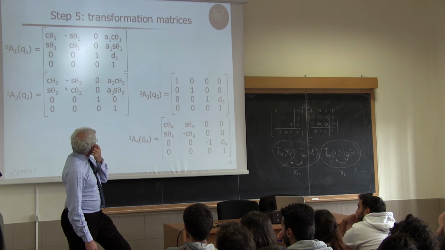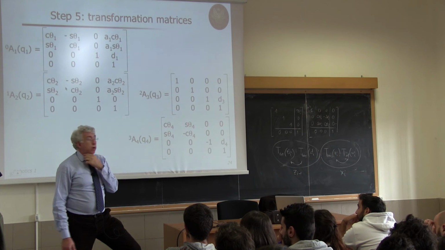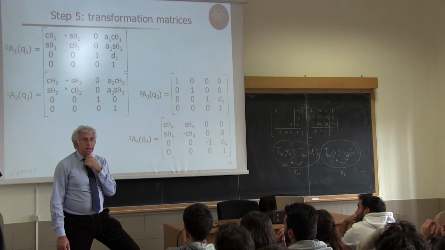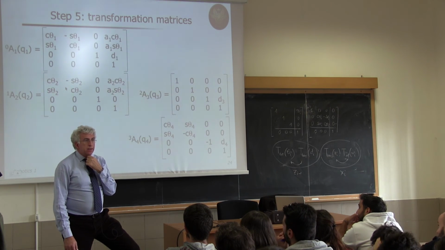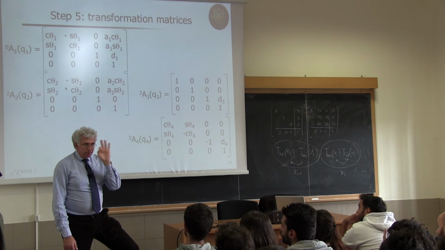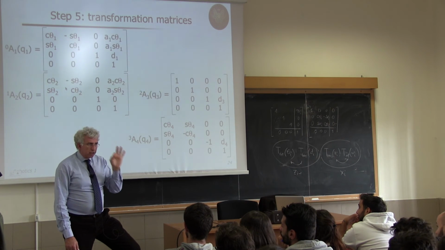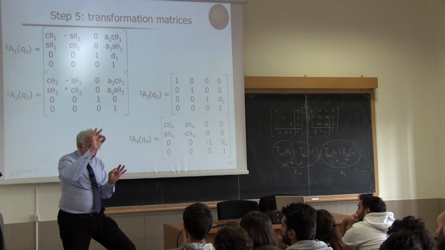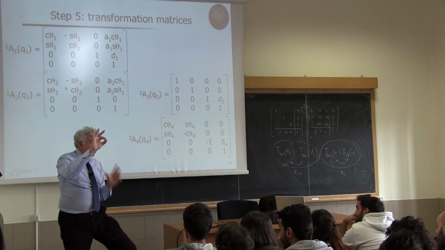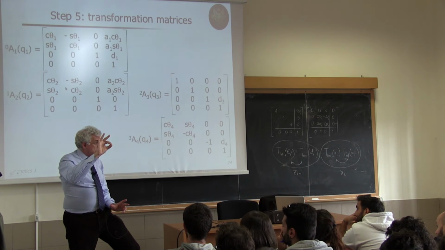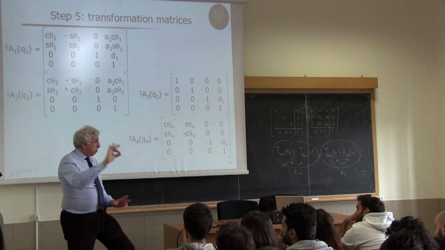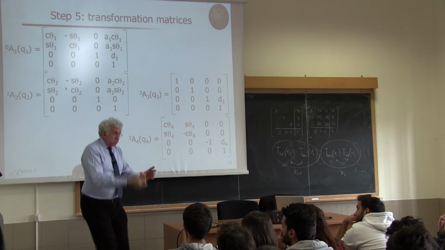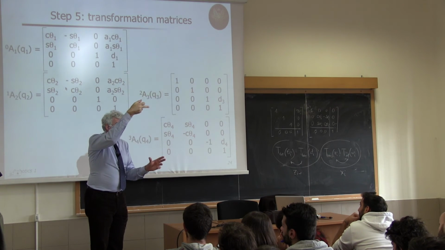A1 cosine theta 1, A1 sine theta 1, and D1. Pay attention, this is not a translation. It's the vector going from the origin of frame 0 to the origin of frame 1, expressed in frame 0. So it has a z component, which is exactly D1, and this is constant.